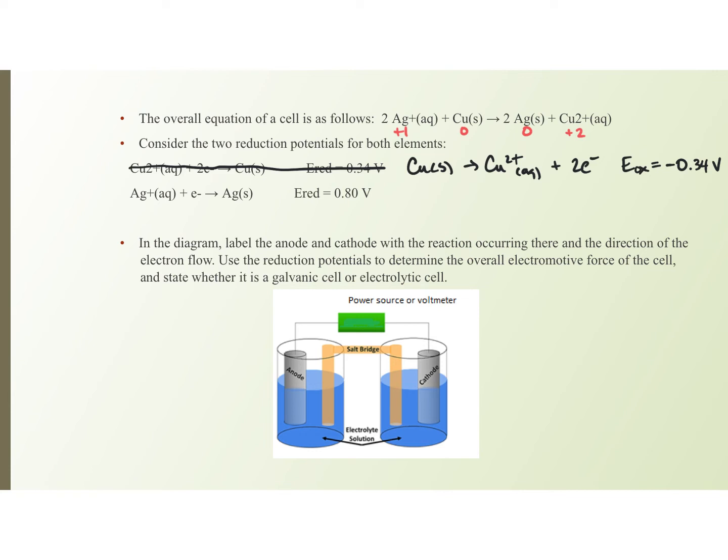First off, we noted in an earlier slide that oxidation occurs at the anode. In this case, that would be the copper, which was being oxidized. So the anode is copper solid. The cathode would be silver.